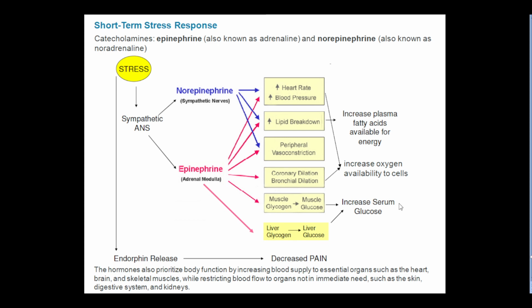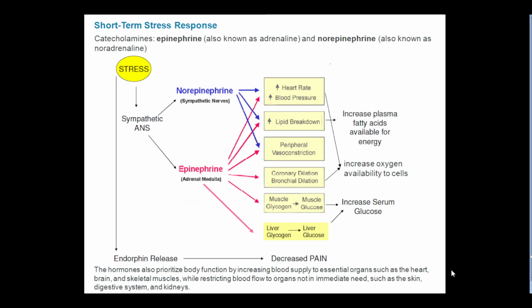Besides that, these hormones will increase oxygen availability. How will it happen? You will have increased heart rate, you will have bronchodilation, which will provide more oxygen. And these hormones also prioritize the body functions by redistributing the blood supply to essential organs such as heart, brain, skeletal muscles, lungs, and at the same time restricting blood flow to organs not immediately needed, such as skin, GI tract, kidney.